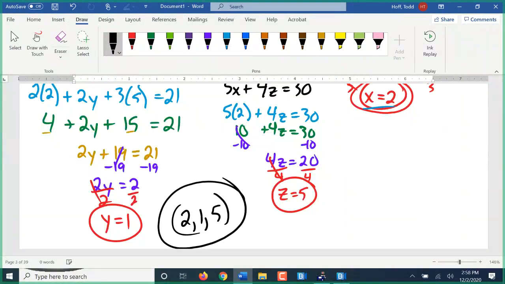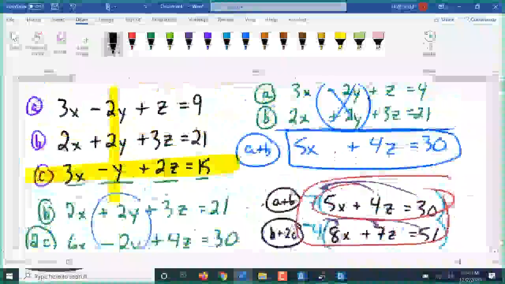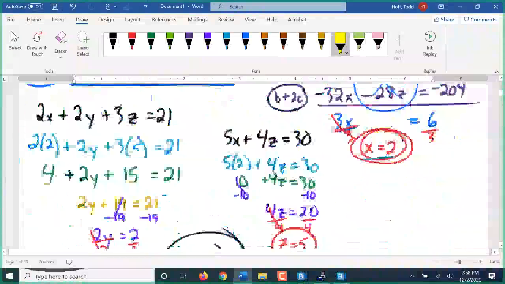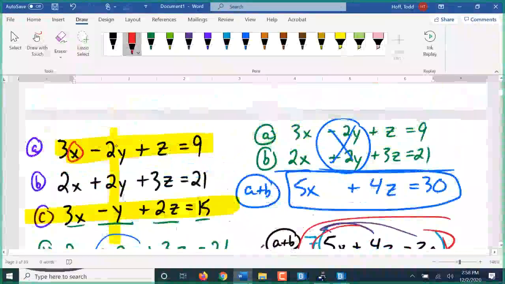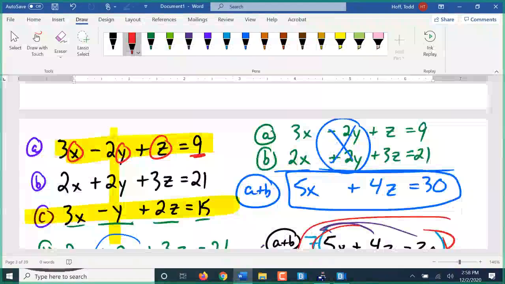Now, just like any other equation and just like our two variable systems, if I'm unsure of myself here, I can go back to this original system and I can put in, what were those again? 2, 1, 5. I can put in here 2 for x, 1 for y, 5 for z, make sure I get 9. But I have to do it in all three equations.